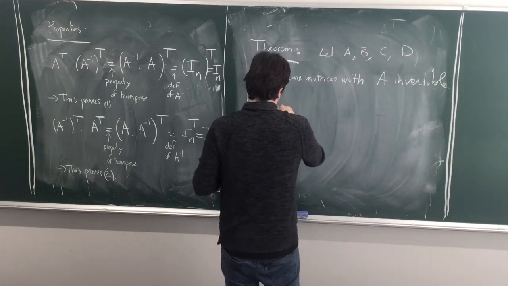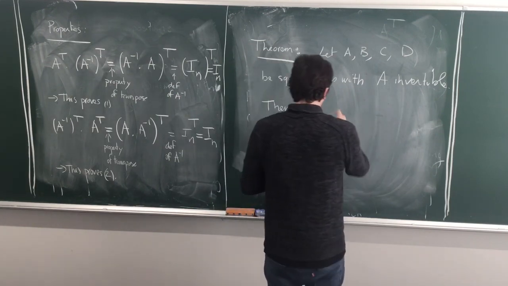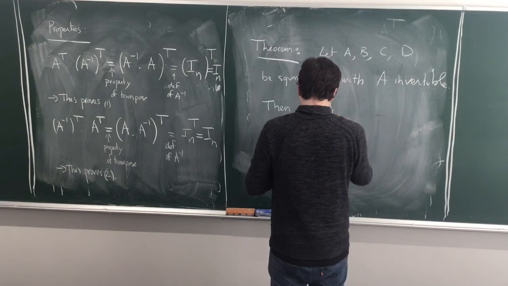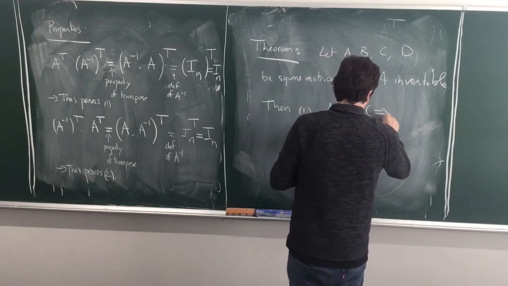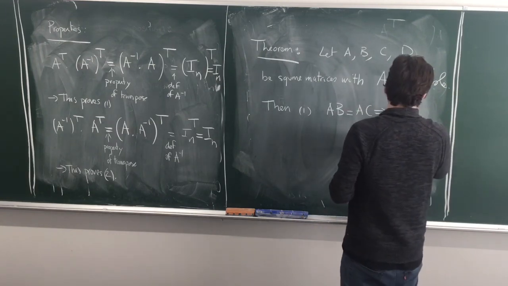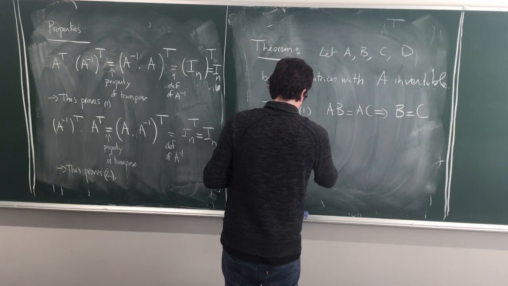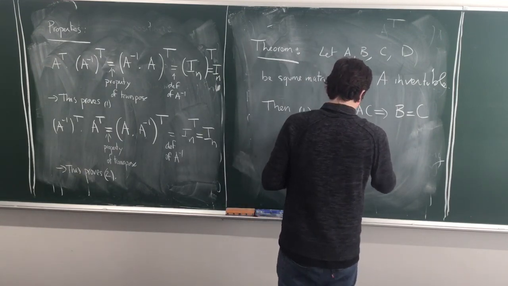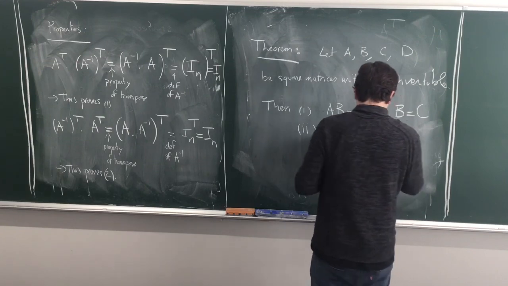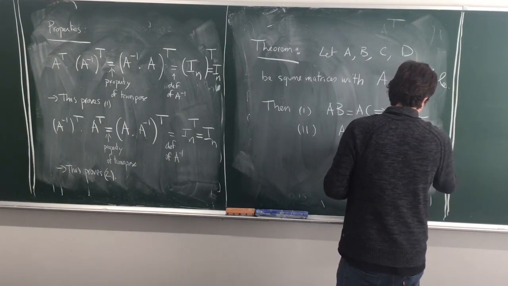Then, first of all, we have the so-called cancellation law, which says that if AB equals AC, then we can conclude that B will be equal to C. The second condition is that if AD equals a zero matrix, then this implies that D is a zero matrix.